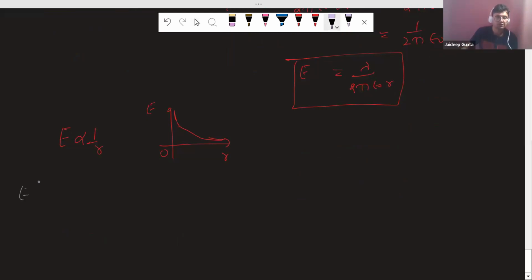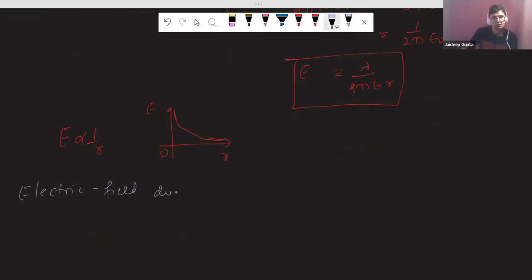Next derivation is electric field due to an infinite plane sheet, due to a uniformly charged infinite plane sheet.